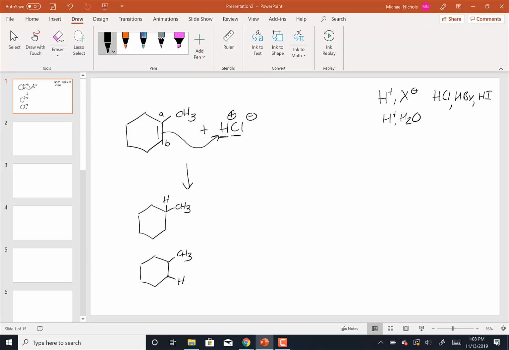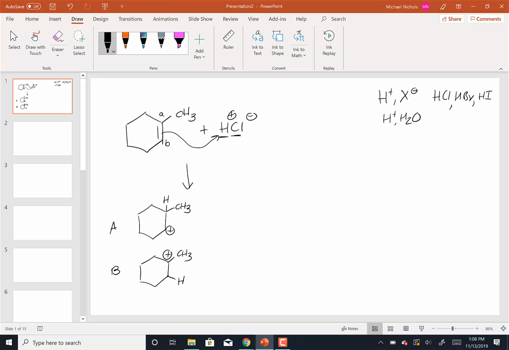It becomes a carbocation, because basically, in order to bond the hydrogen to A, I had to take the electron away from B. So there's a plus charge here, and then there would be a plus charge there. So this is if I add the H to A, this is if I add the H to B.